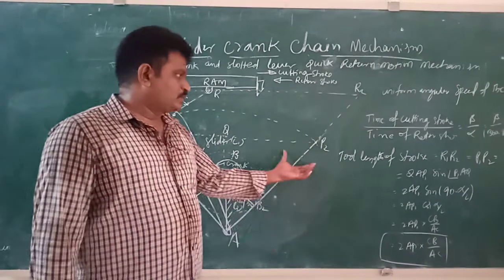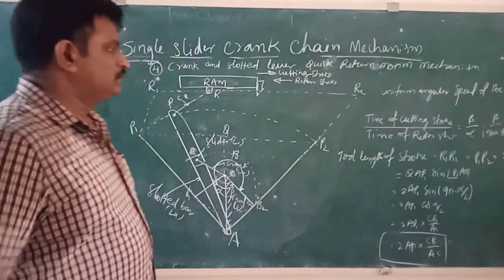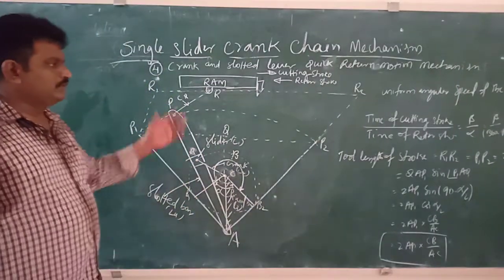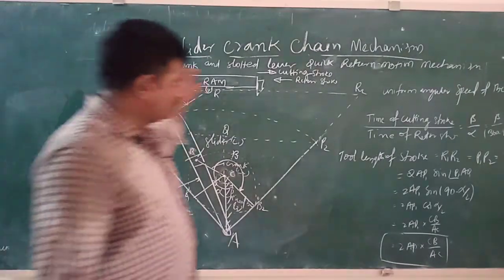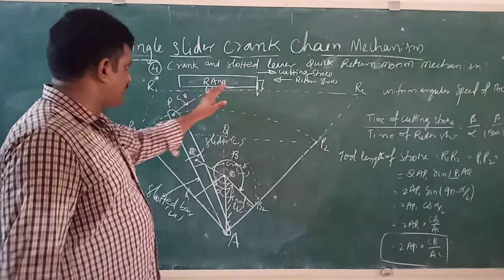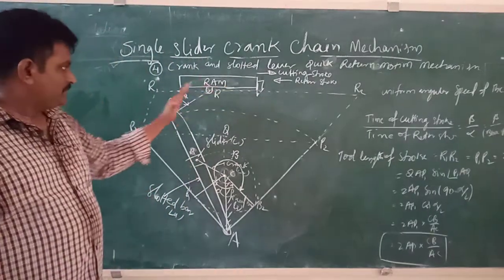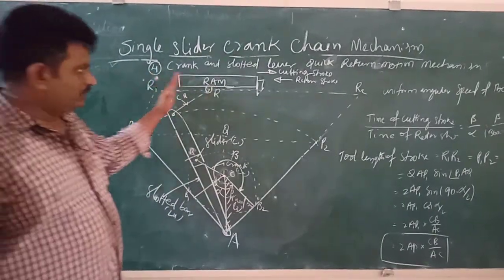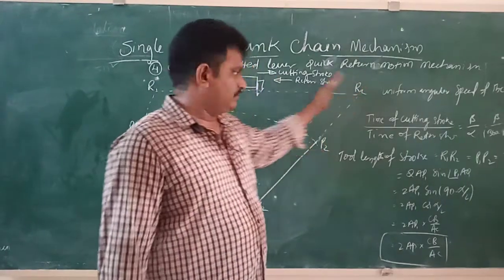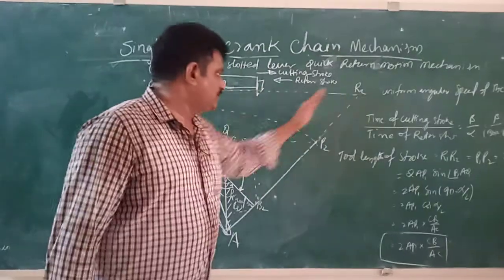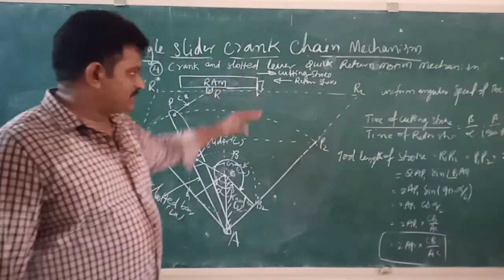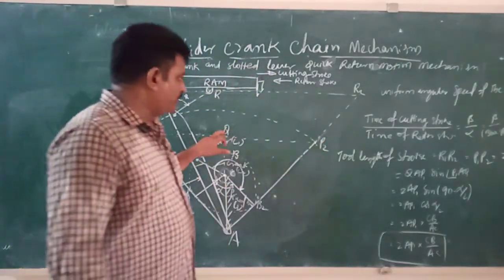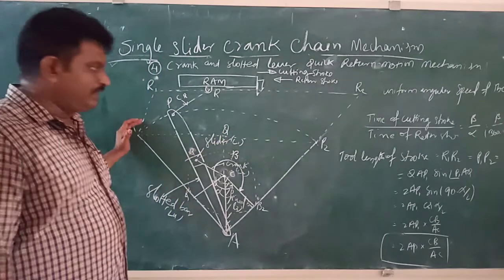Next, the tool length of the stroke. The tool length of the stroke means the R1 to R2 position. Basically this is the ram position. The ram starts from R1 and ends at position R2. This is almost equal to P1 to P2. Both are the same. Next, the Q point is the middle point of P1 and P2.